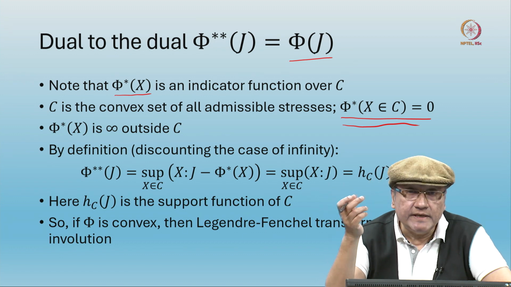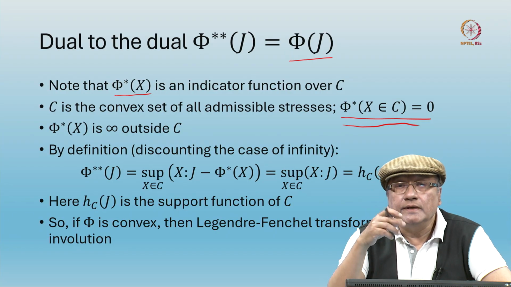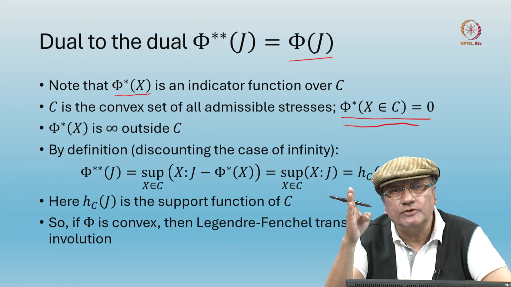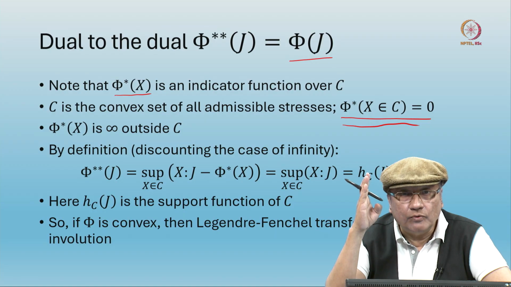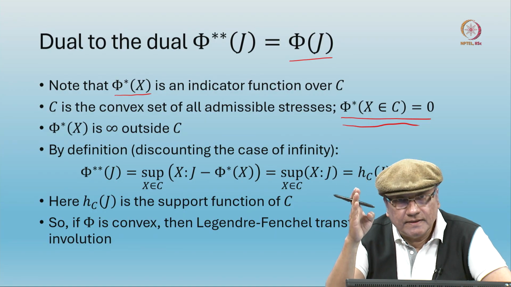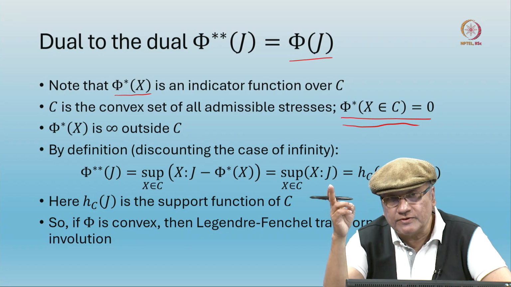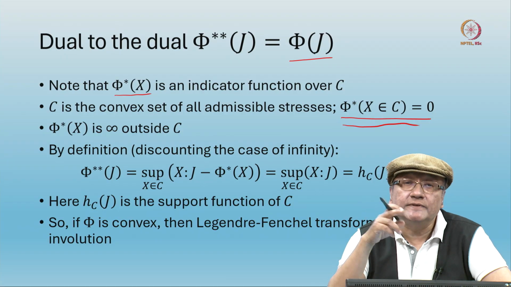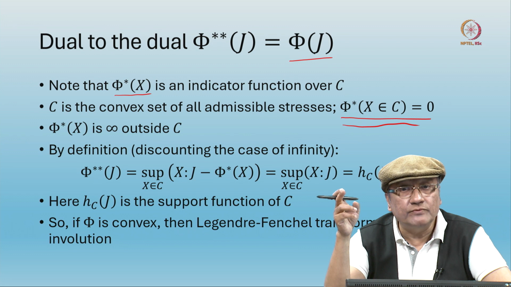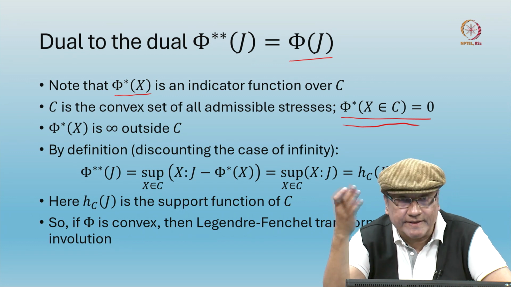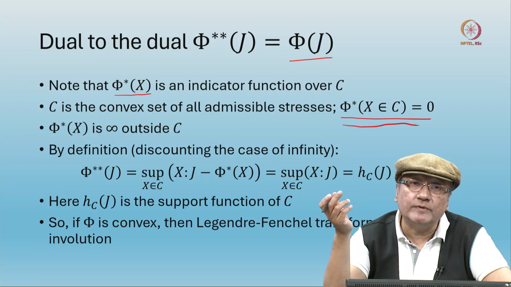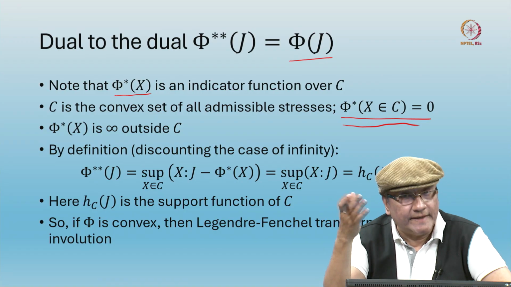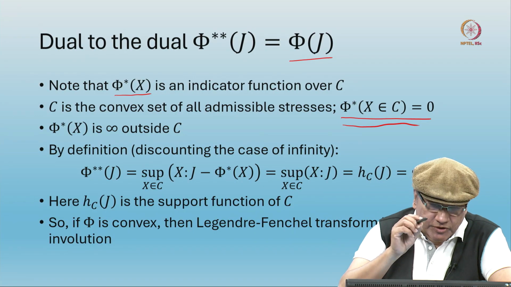So, each time you take a Legendre-Fenchel transform, you switch from the original variable to the conjugate. Phi was originally a function of the strain rate j or epsilon p dot. Phi star became a function of the conjugate to epsilon p dot or j, which is x or sigma, that is the stress. Then when you take a Legendre-Fenchel transform of phi star, it should become a function of the conjugate to sigma or x, which is j, right. So, that way you should remember.